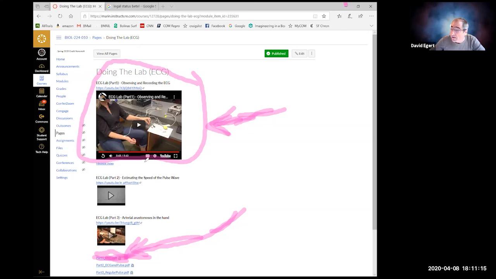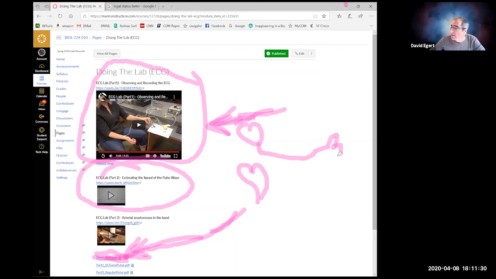So the next part, estimating the speed of the pulse wave. Here was your heart. Let's draw you, here's you with your arm and your hand.